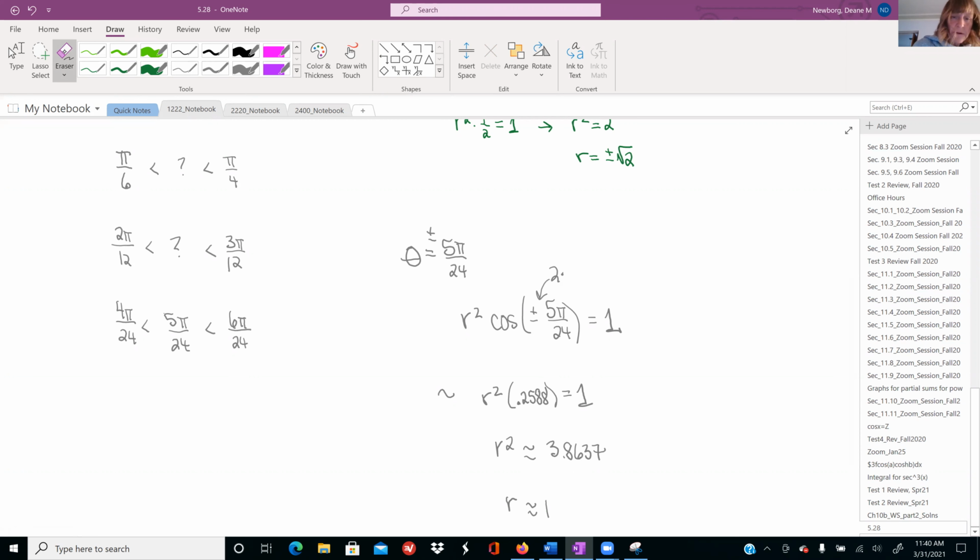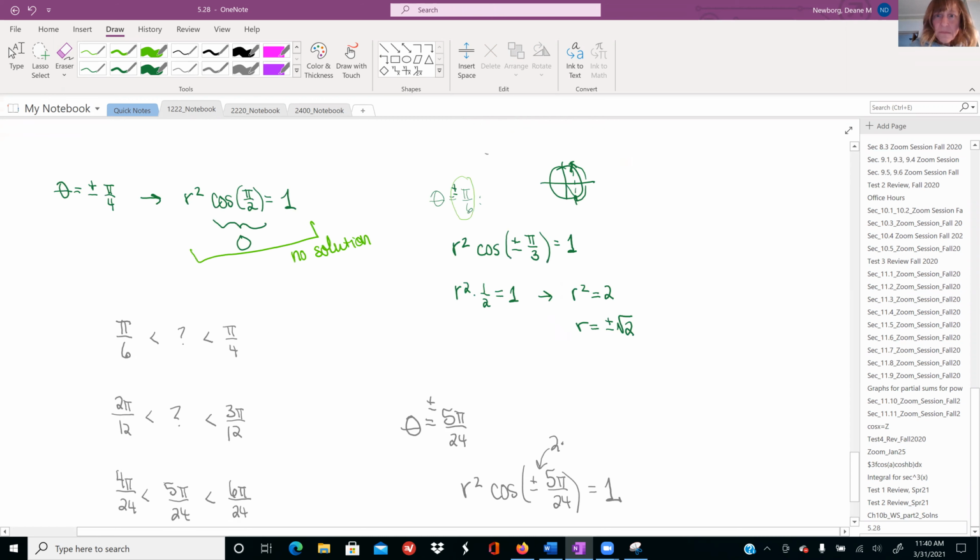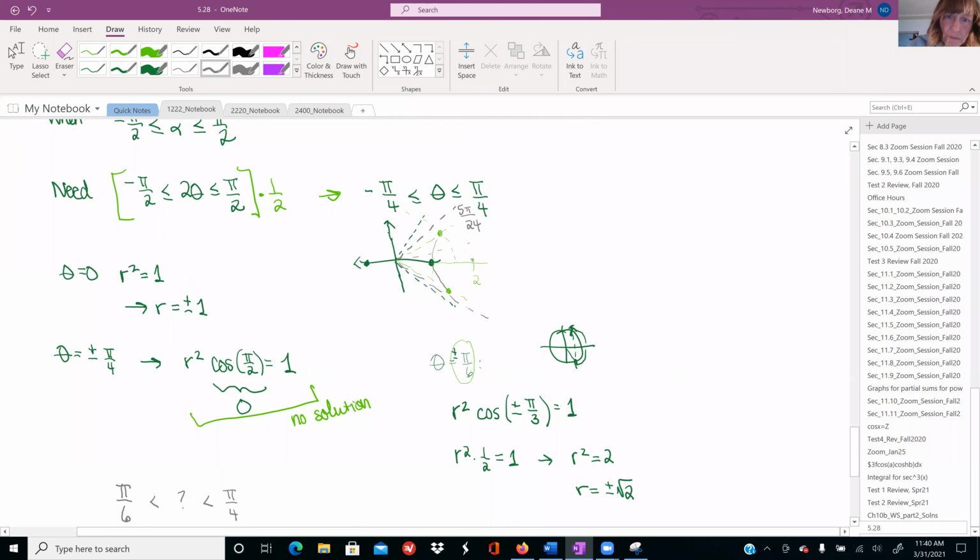And then take the square root of that. So I get plus or minus about 1.97. So I'm almost out to a circle of radius 2 now. So I'm like right here.